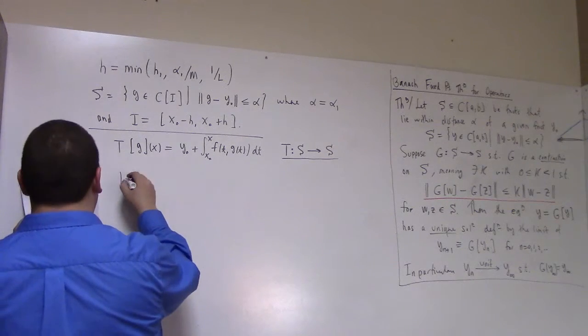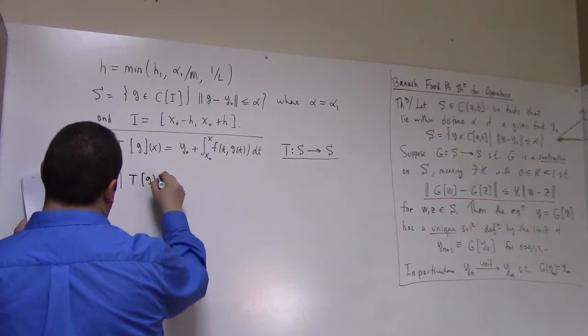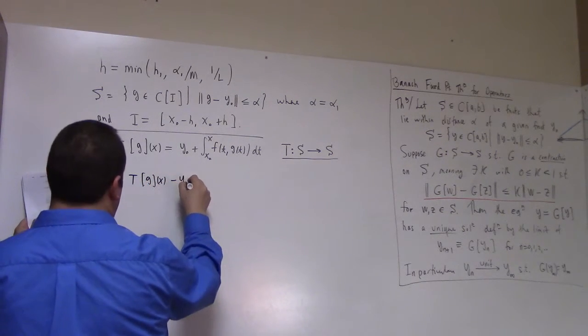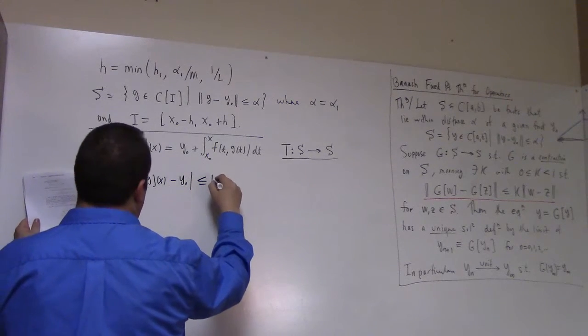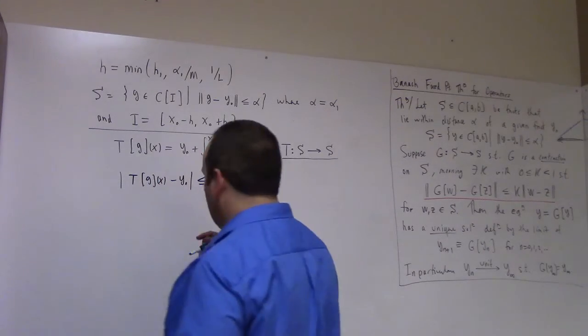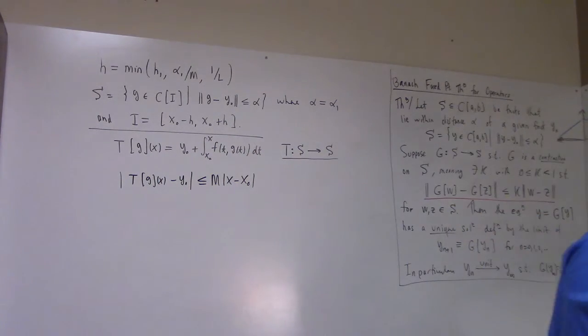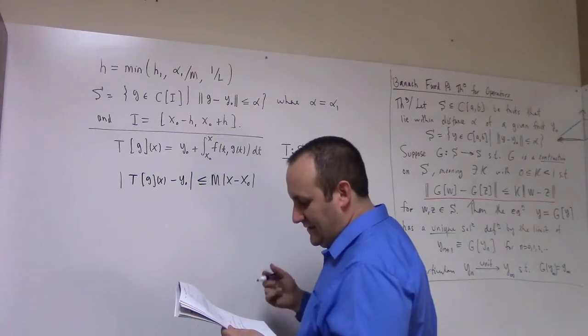So check it out, the absolute value of T of g of x minus y naught is less than or equal to m times the absolute value of x minus x naught. We proved that over here already. I was pointing at the other board, Jess.